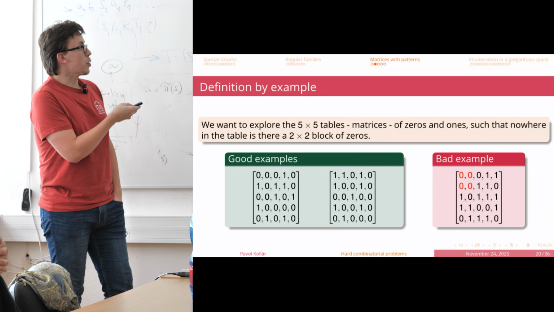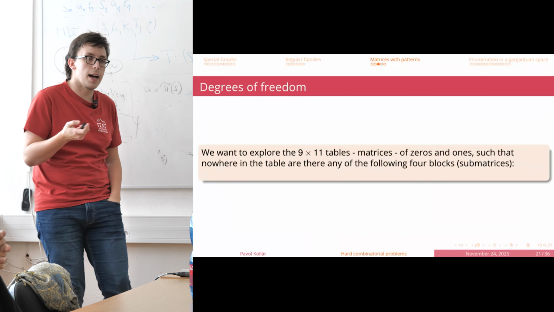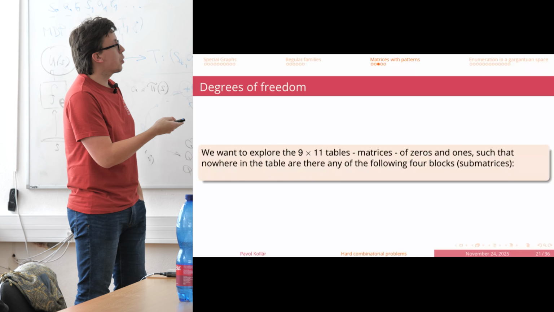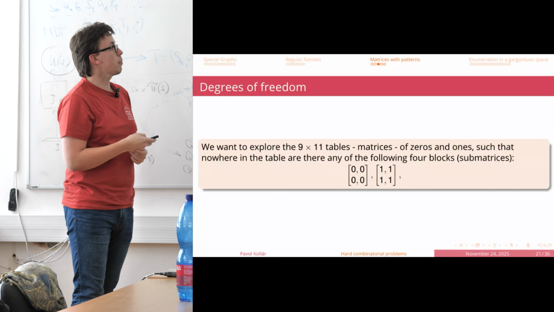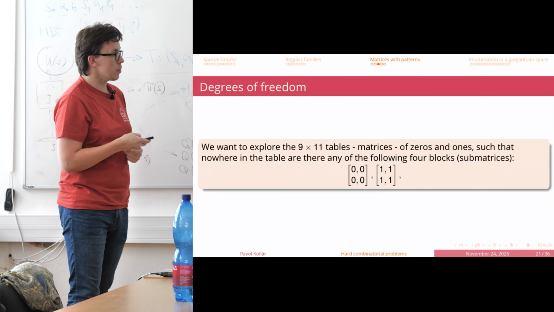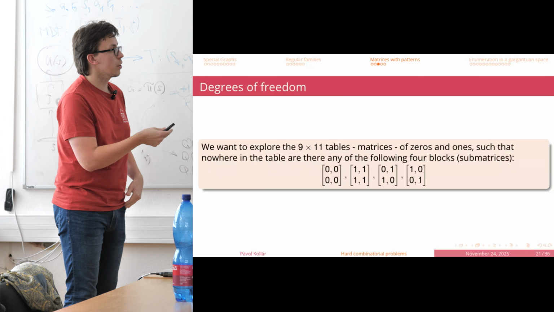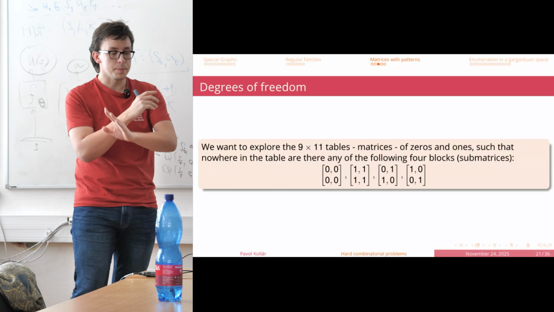And there are lots of arbitrary choices that were made for this one, so we can increase the size to, let's say, 9 by 11 or whatever, and also we can forbid more matrices. Again, for example, forbidding the block of zeros, the block of ones, and also these two patterns, which are sort of crossing diagonals of ones and zeros, those are not allowed as well.